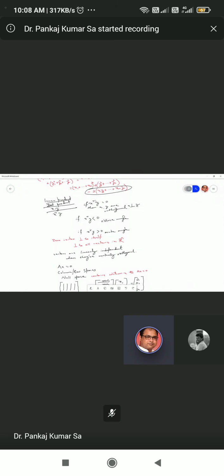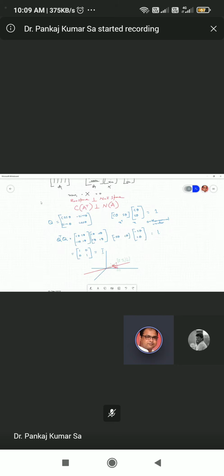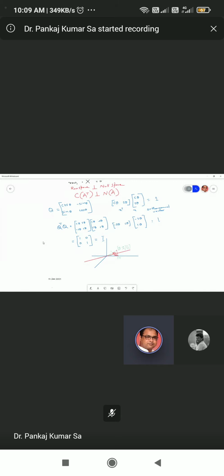That is the same as the equation x transpose y equal to 0. That is why the row space and the null space are perpendicular, and that is what we write here.